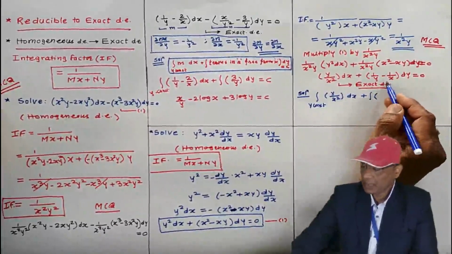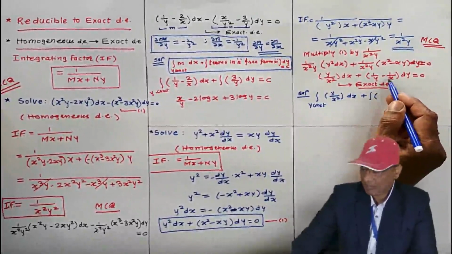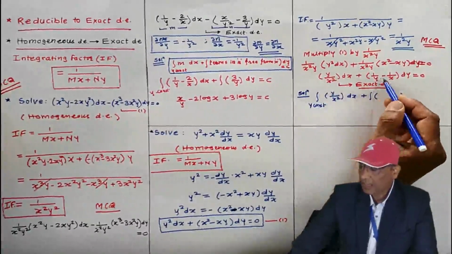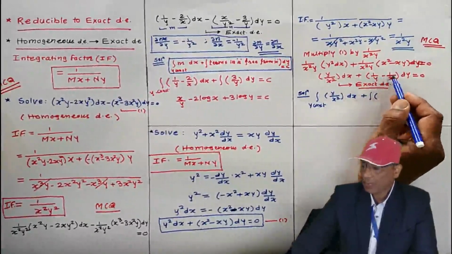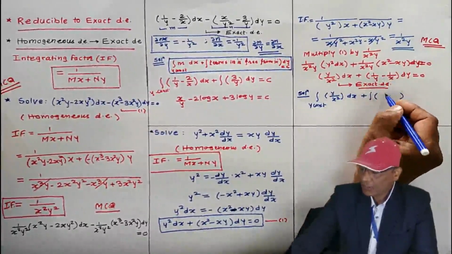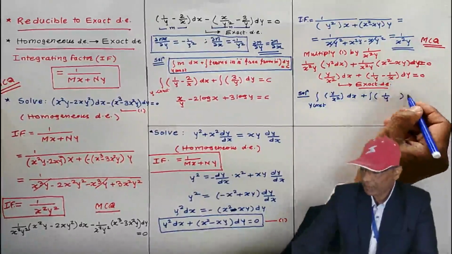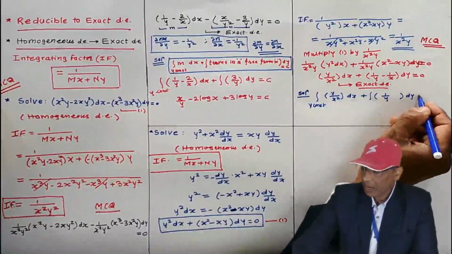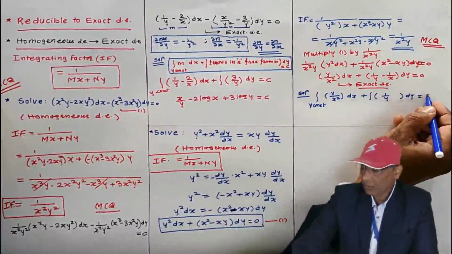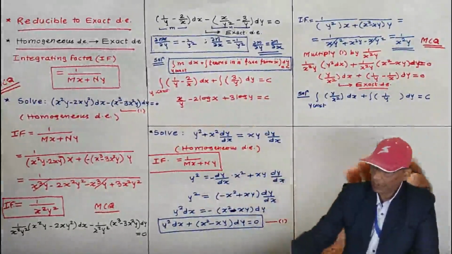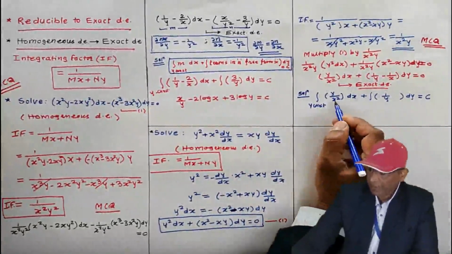Here, this is M, this is N. In N there are two terms, 1 by y and minus 1 by x. The first term is free from x. The second term contains x, don't write it. And this is the solution. So without fail, you have to write c here, the integration constant.